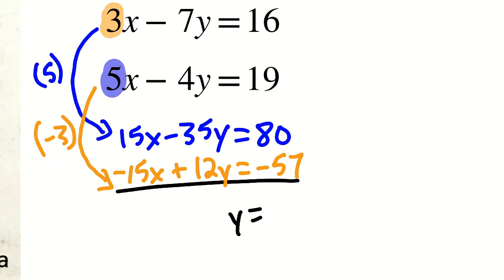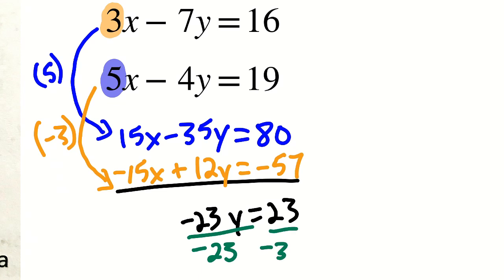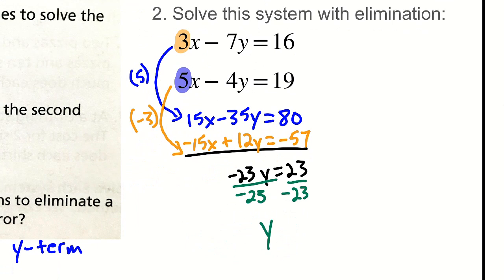So this is going to be a negative 23. Does that look right? Looks right to me. And then this is going to be a positive 23. Oh, yeah. That seems right now. Now we're going to divide by negative 23. And we're going to get y is equal to negative 1.